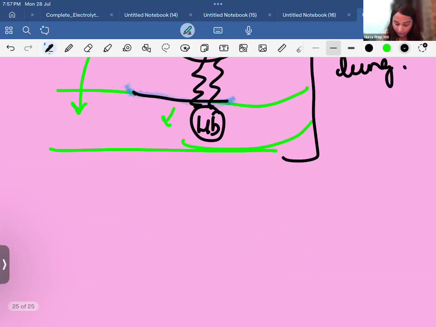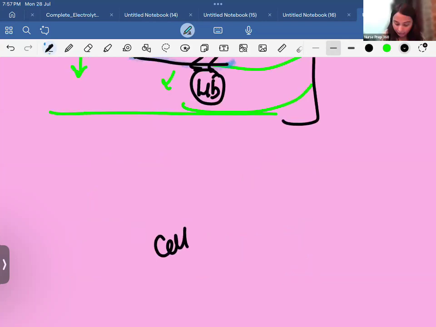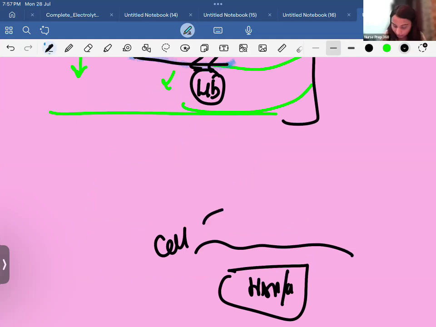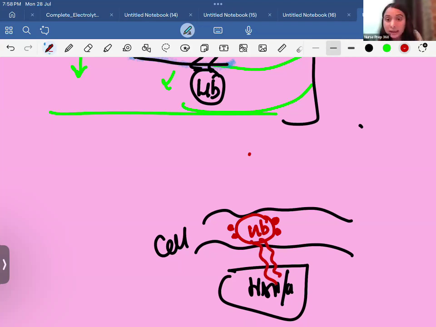At the cellular level, say this is my tissue cell and this is my blood vessel, and here I have my hemoglobin, associated with oxygen molecules. Now I want my tissue to get oxygen, so I want my hemoglobin to dissociate from oxygen.